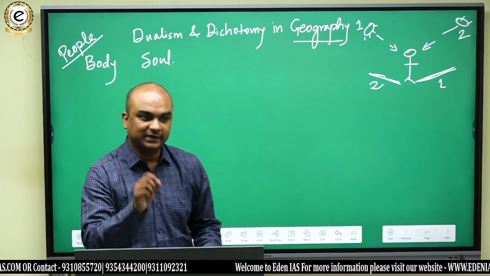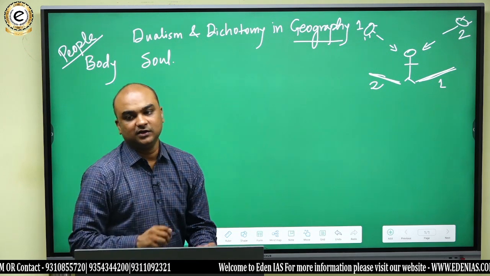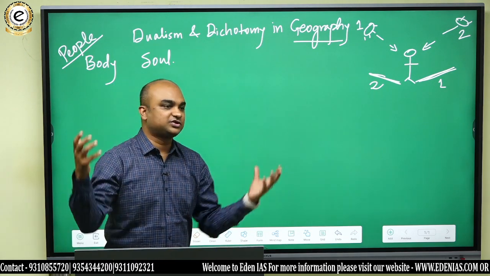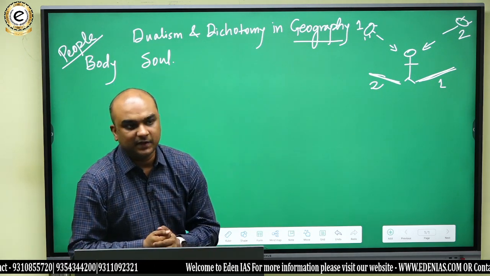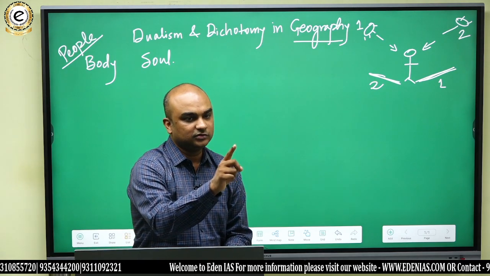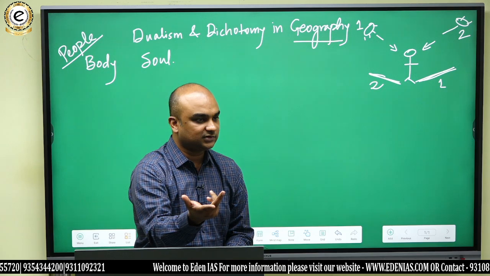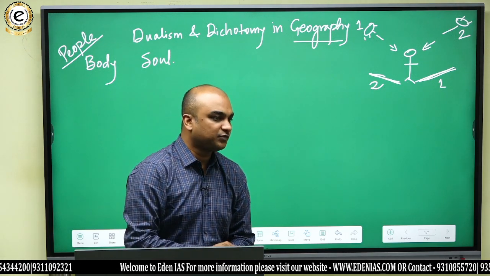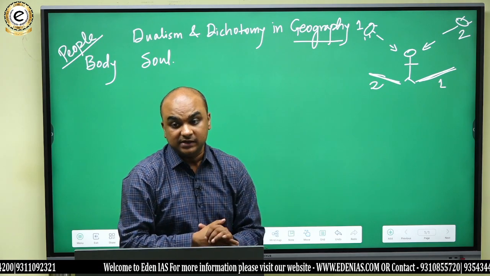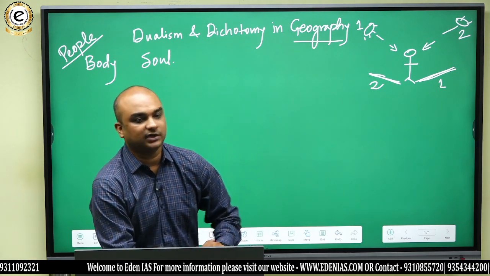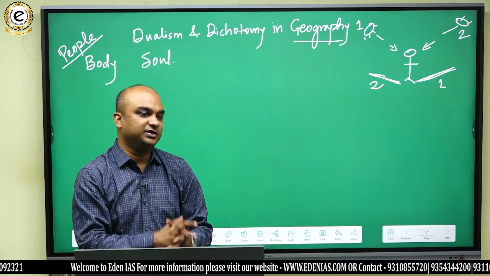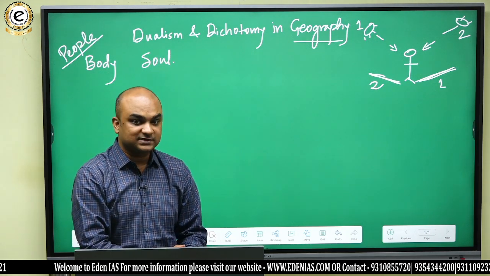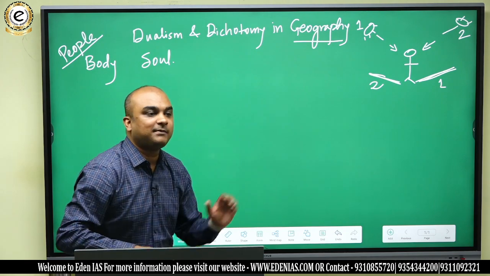Do you get it? So I'm again repeating, what is dualism? Dualism is a way of thinking, it is a philosophy, in which we can look at the same thing from two perspectives. Got it? So we look at the same thing from two varying perspectives. Often these perspectives could be diametrically opposite to each other, or they could be contrasting to each other. Like, few people might say that persons are everything about body.